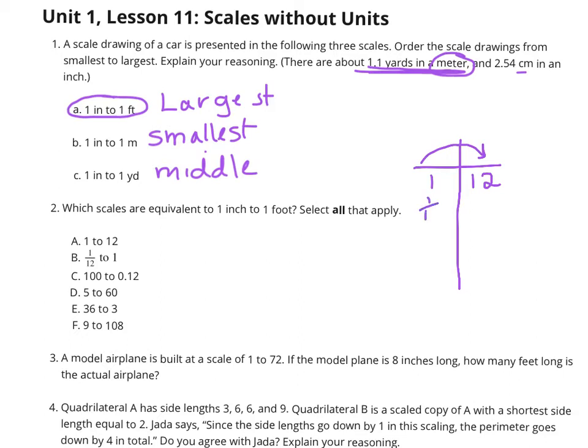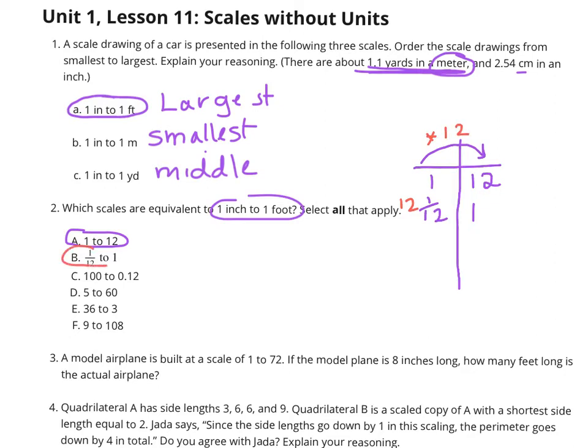How about 1/12 to 1? And again, that 1 inch to 1 foot, multiplying by 12, that means that first one, yes, is equivalent to the same scale. If I take 1/12 and I multiply it by 12, going from the left to the right, 1/12 times 12 is 12/12, which is 1.